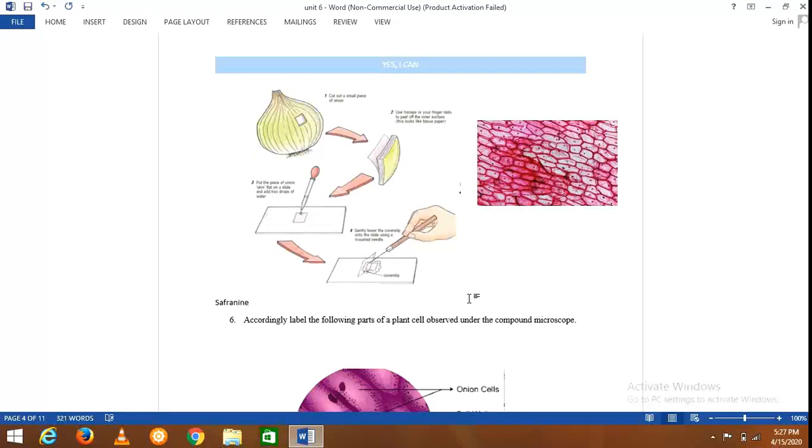So what you have to do is transfer the specimen into a watch glass containing a drop of safranine with the help of a paintbrush. Then after keeping it for a while, again you have to transfer the specimen into a watch glass containing water, that is to remove excess stain.